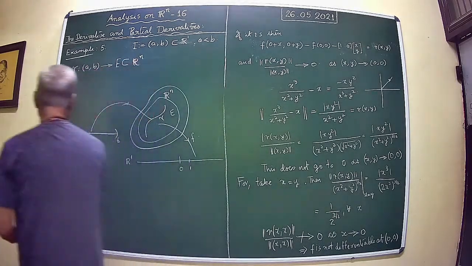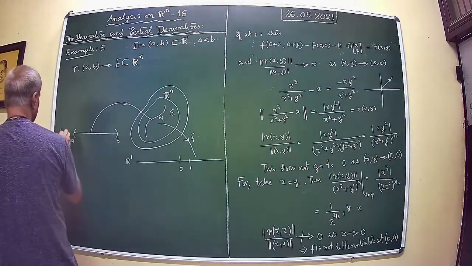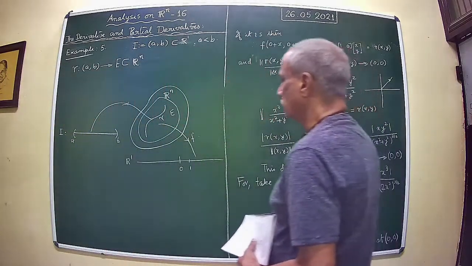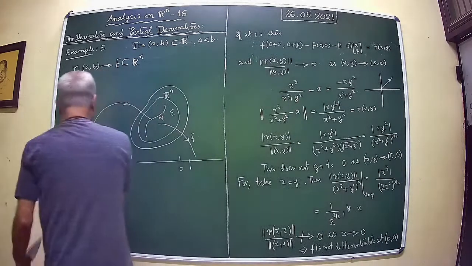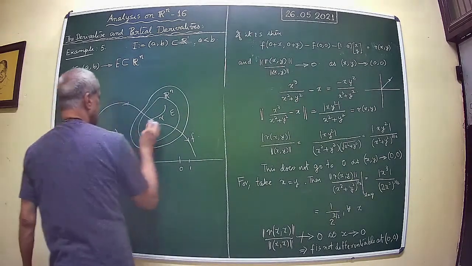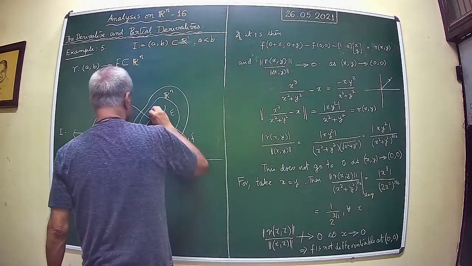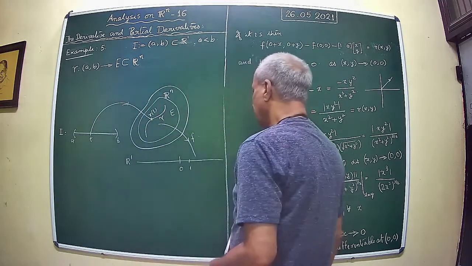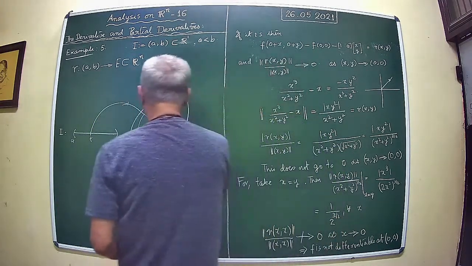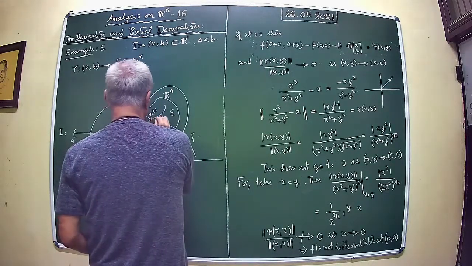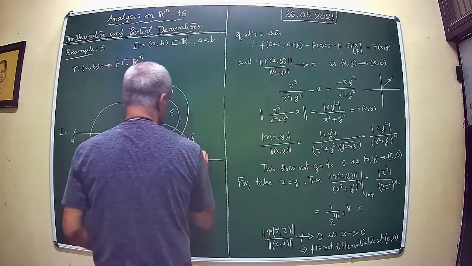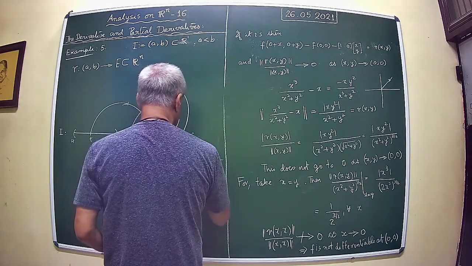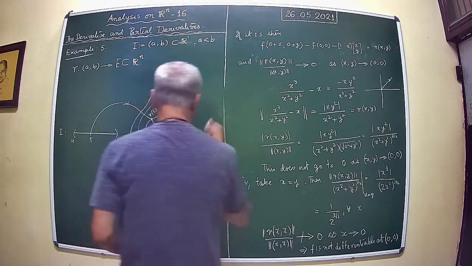Now this is your interval I. If this point is T, then this is gamma T, and this is f of gamma t.